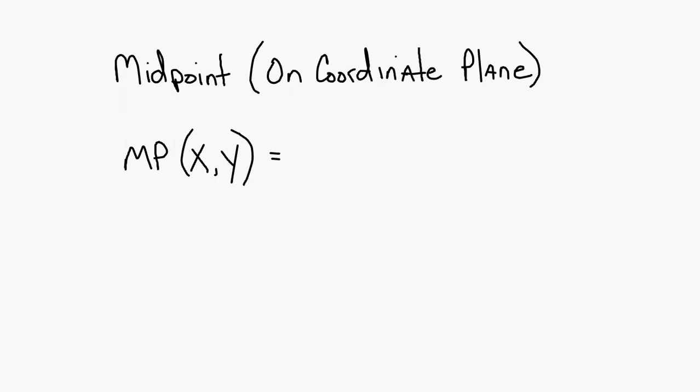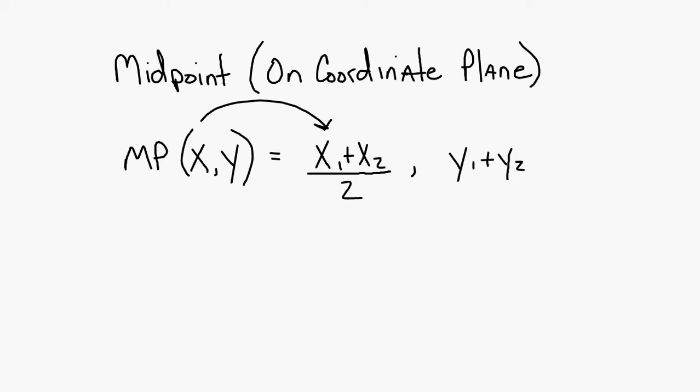You're doing it once for your x's and once for your y's. So it looks like x sub 1 plus x sub 2 divided by 2. That gives you your x at the midpoint. And then you do y sub 1 plus y sub 2, and you divide it by 2. And that gives you your y value at the midpoint.